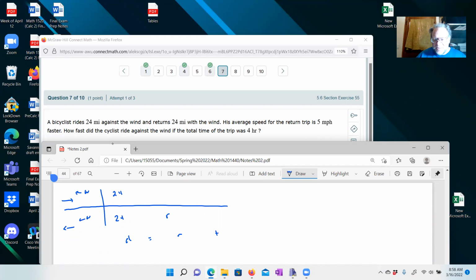So whatever the rate is, it's going to be 5 miles per hour faster. So our R is the speed with the wind or against the wind. We could even put a minus W in here if we wanted to, so this would be the rate with still wind. But I don't know if they asked for that or not. They didn't. They just said fine.